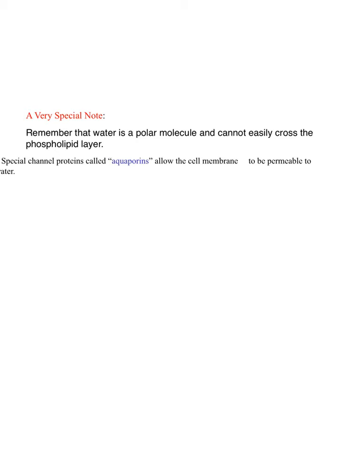Remember that water is polar, and because it's polar, it's not going to get across the phospholipid layer very easily. Remember, charged or polar molecules can't make it across that phospholipid layer, so you need transmembrane proteins to do it. In this case, we're going to need those channel proteins, and the channel proteins in this context are called aquaporins.